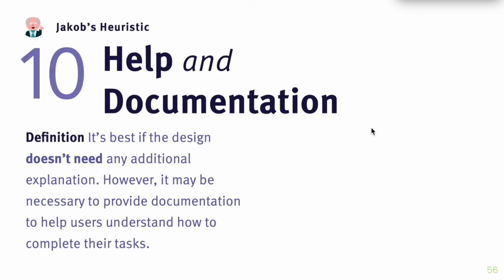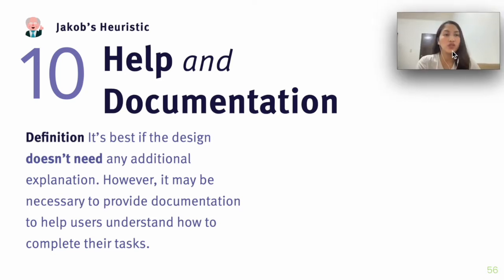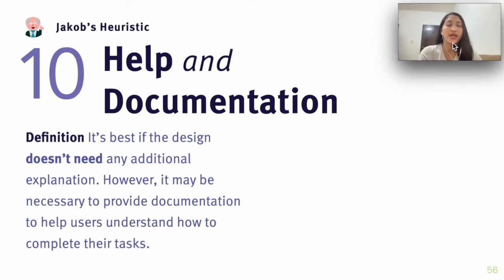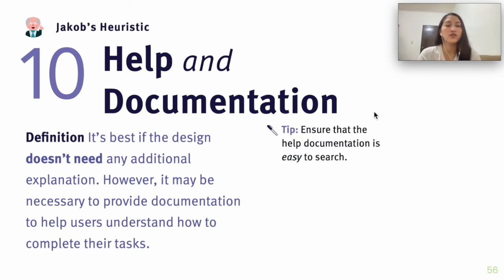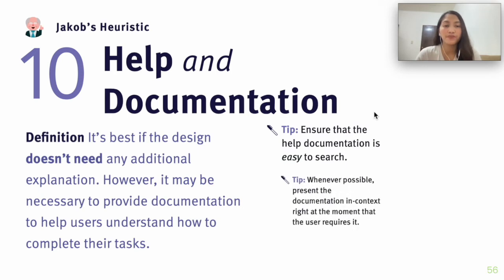And then the last heuristic is the help and documentation. It's best if the design doesn't need any additional explanation. However, it may be necessary to provide documentation to help users understand how to complete their task. So some tips: ensure that the help documentation is easy to search.